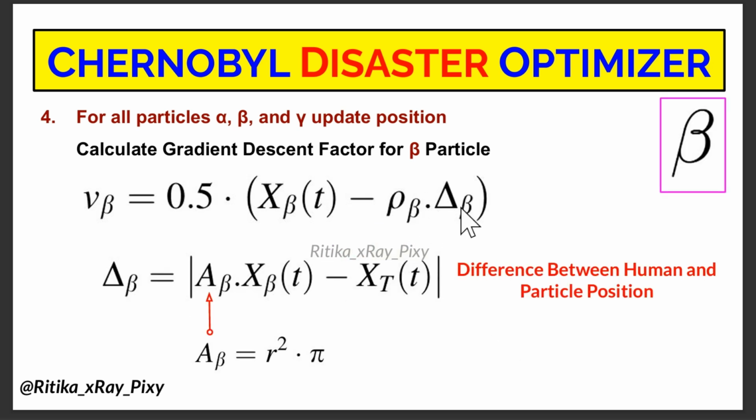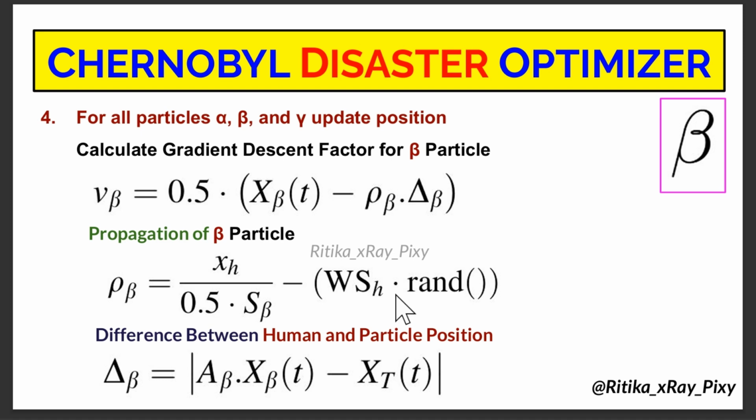After this, we will calculate the difference between the human position and the position of the beta particle. Now, this is the difference between the beta particle and the total position that we will calculate using this equation. This is the average of total position.